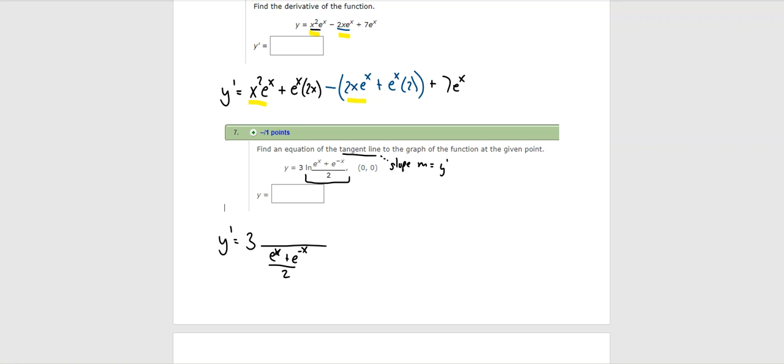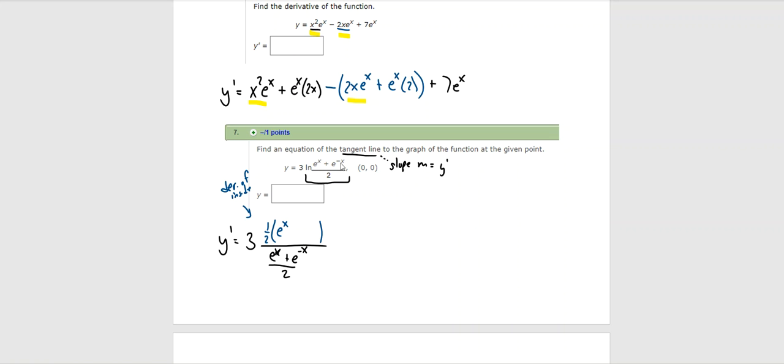And here, because it's a log, I'm looking at the derivative of the inside. I'm going to leave that 1/2 as a coefficient. Instead of using a quotient rule, I'm going to pull a 1/2 out in front. The derivative of e to the x is e to the x.